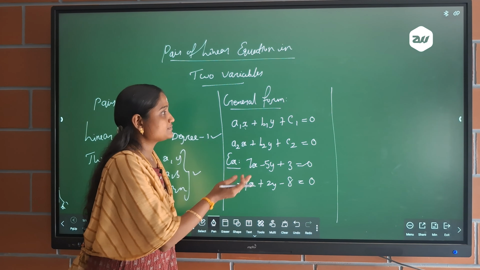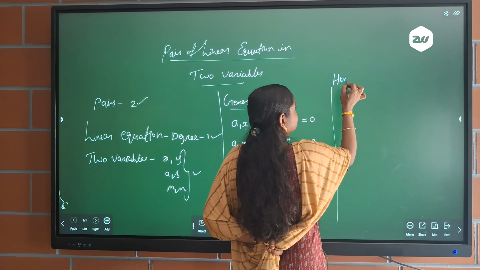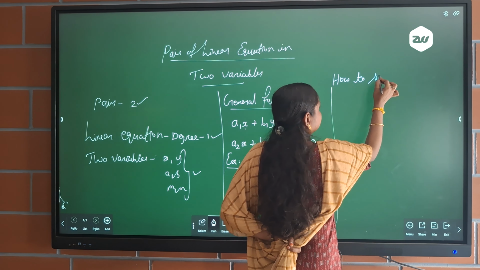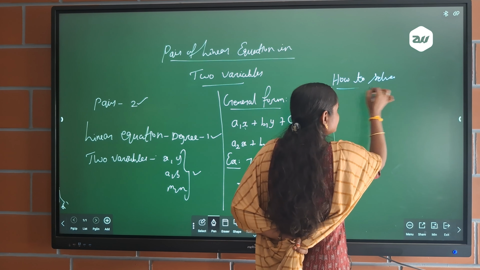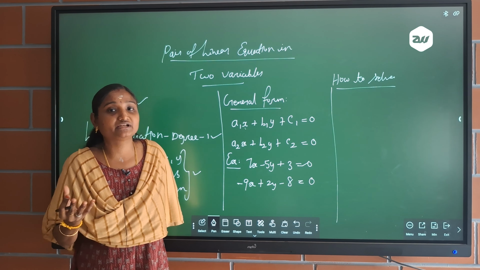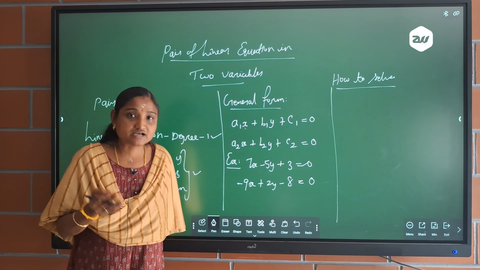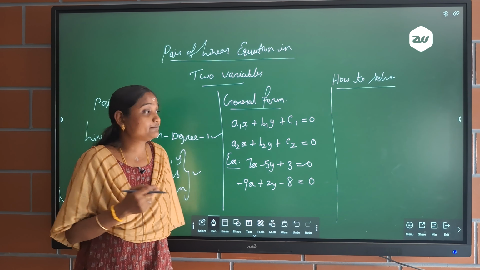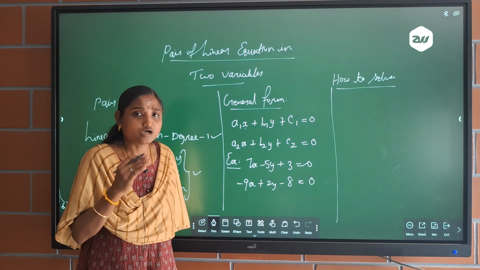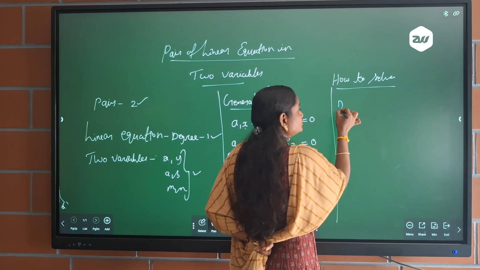ஓகேங்களா? Next என்ன பார்க்க போறோம் அப்படின்னா how to solve the equation. So how to solve the equation means solving the equation. Solve அப்படின்னா என்னன்னு பார்த்தீங்கன்னா we need to find the value of x and y. X value, y value find பண்றதுக்கு பேரு தான் solving the equation. Now equation solving la we have two different methods.